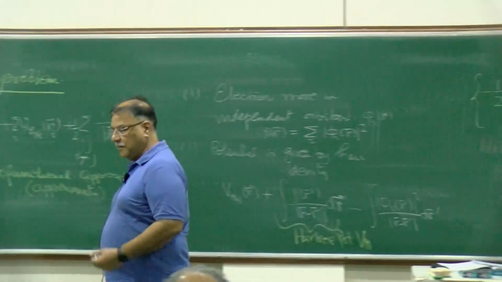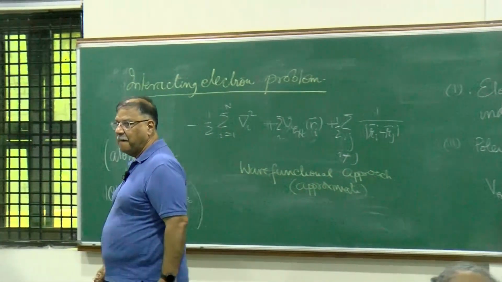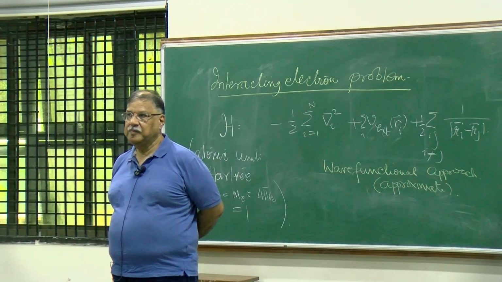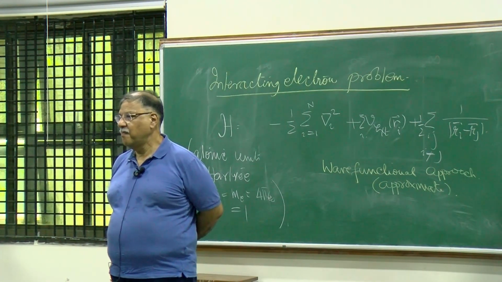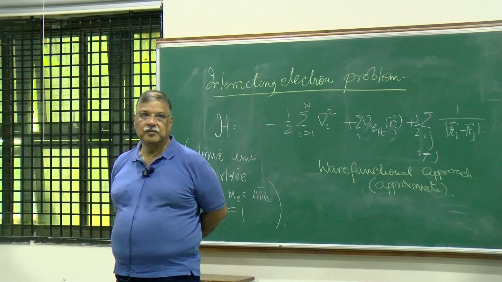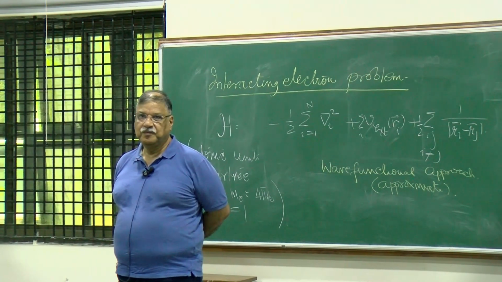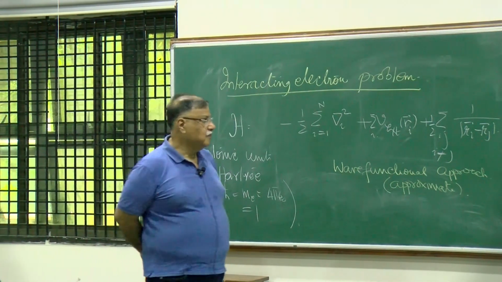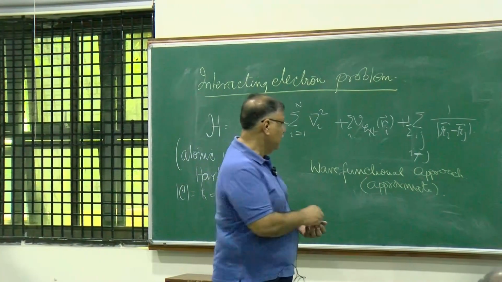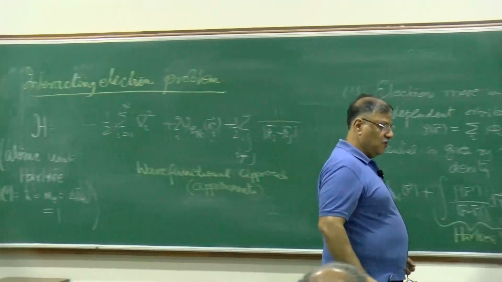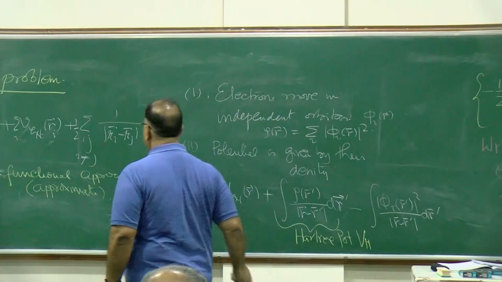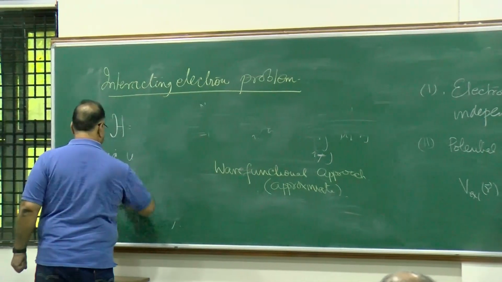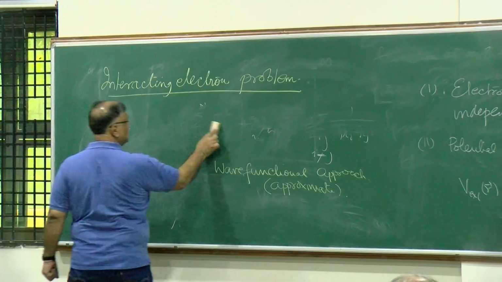Okay? Can somebody tell me what it is? Assume the orbital to be phi. Can somebody quickly tell me what this equation would look like? Equation for phi i.